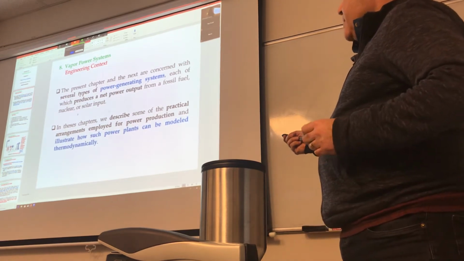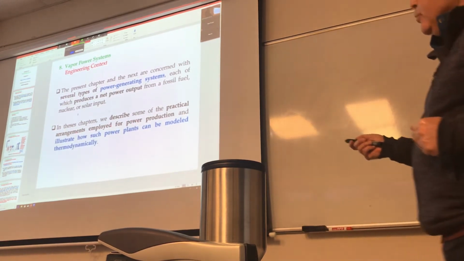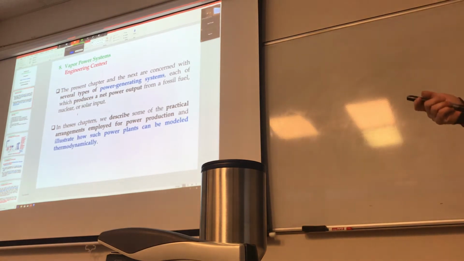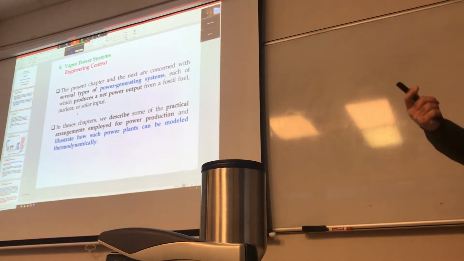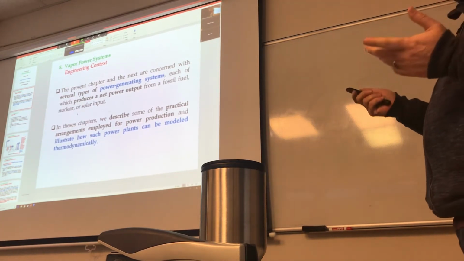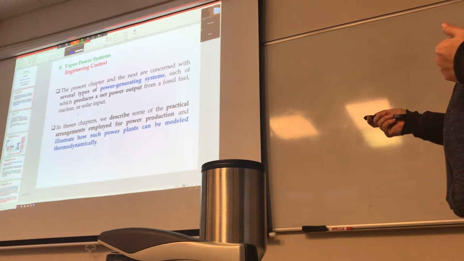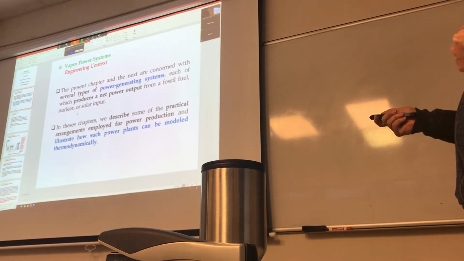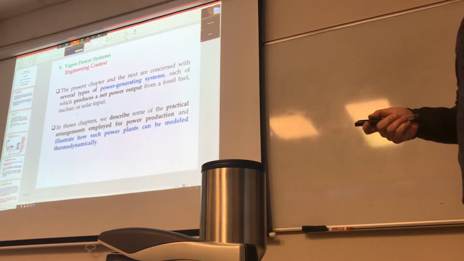So we'll describe some of the practical arrangements employed for power generation, the one that I just mentioned a moment ago, which contains a boiler, turbine, condenser, and pump, and then illustrate how such power plants can be modeled thermodynamically.